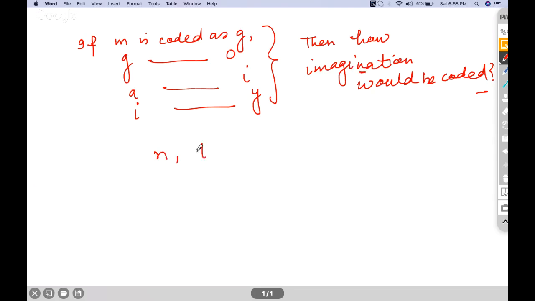What about T here? And what about O? If in the question it has not been coded, then they remain same. Now try it.